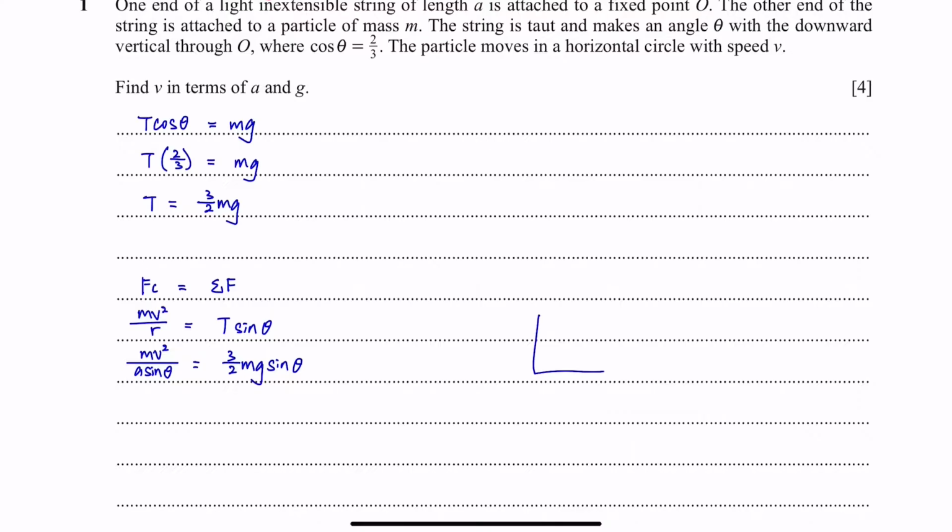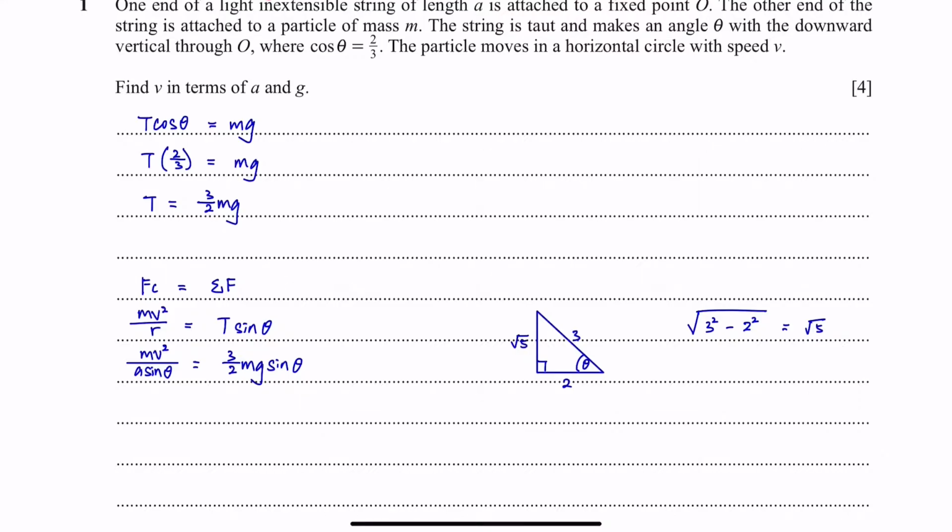And what is sin theta? We have cos theta equals 2/3. So we need to find this length. 3 squared minus 2 squared, square root the whole thing, we would get root 5. So this would be root 5.